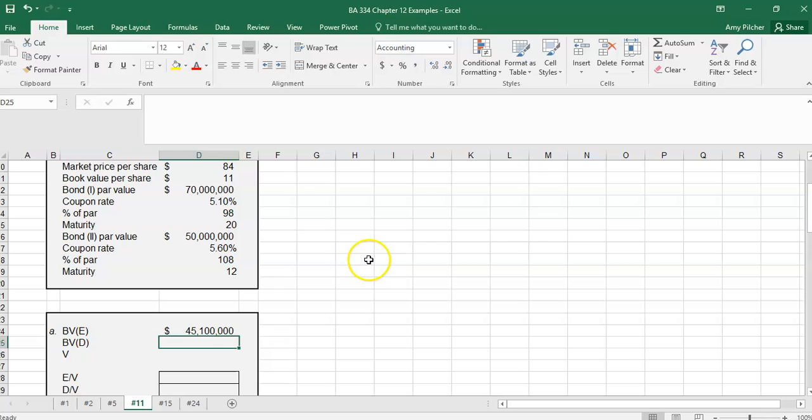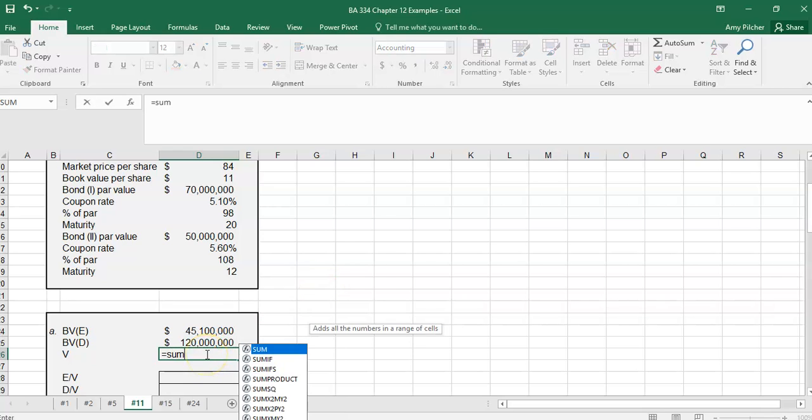The book value of our debt is just the par value of our 2 bond issues. So we'll add our 2 bond issues together. So we have book value of our debt of 120 million.